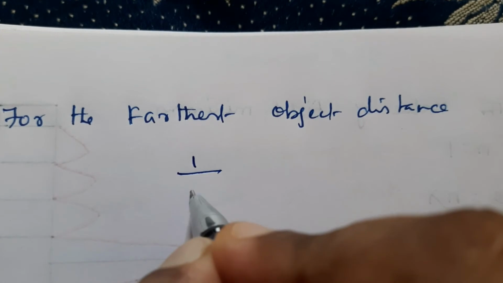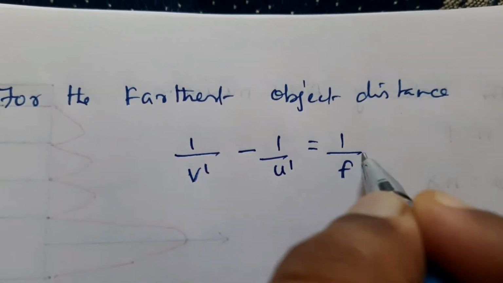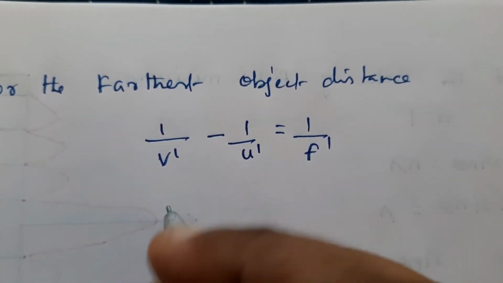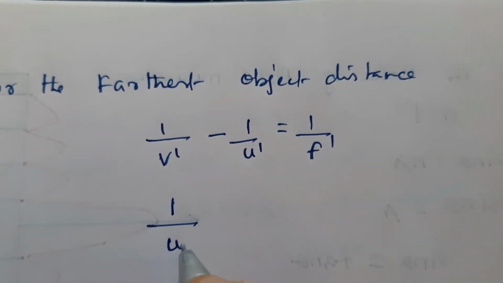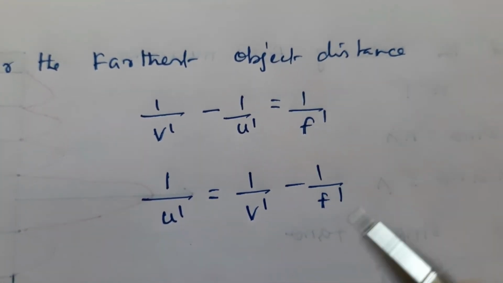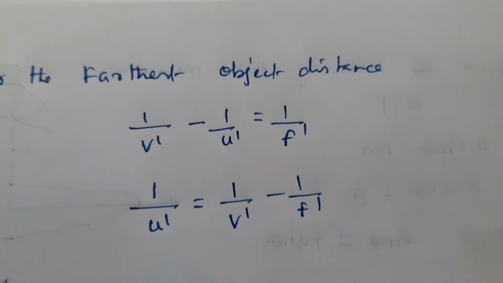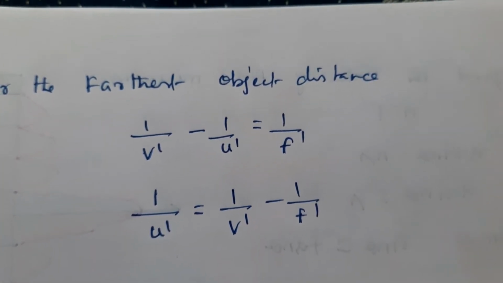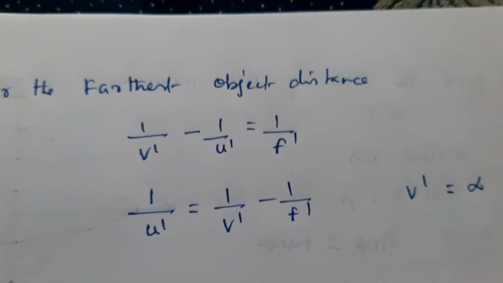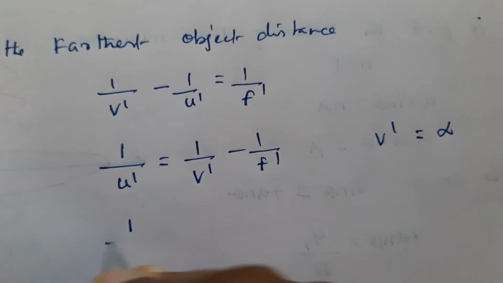Now we'll go for the farthest object distance. That is 1 by V dash minus 1 by U dash is equal to 1 by F. Here we have to calculate 1 by U dash, that is 1 by V dash minus 1 by F. Now for the farthest object distance, your V dash is infinity. The focal length is the same.